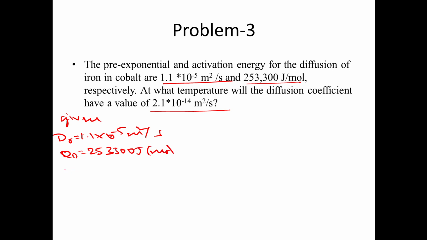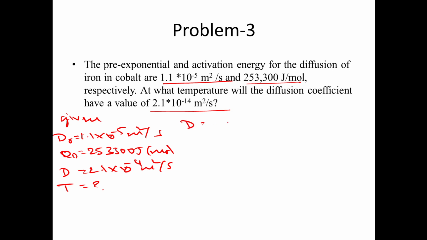It's like a mobile number, right? So here the D value is also given, 2.1 into 10 to the power of minus 4 meter square per second, and one more thing, you need to calculate the T value.